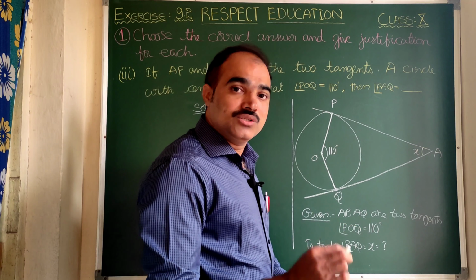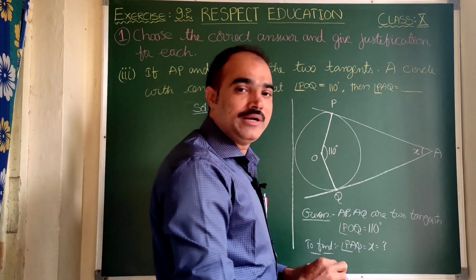But so far we did not learn that property. That is the reason we are going to try this one with the known things. What is the known thing for us? We know that the angle at P is 90 degrees. That already we have seen. That is theorem 9.1. And here angle Q is also 90 degrees. For these two, I am writing the common theorem here, that is, we know that the angle between the radius and the tangent at the point of contact is 90 degrees. That's all, simple.